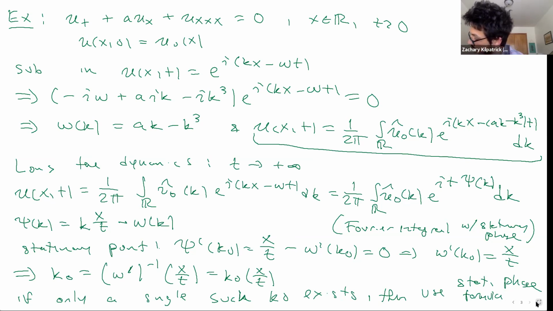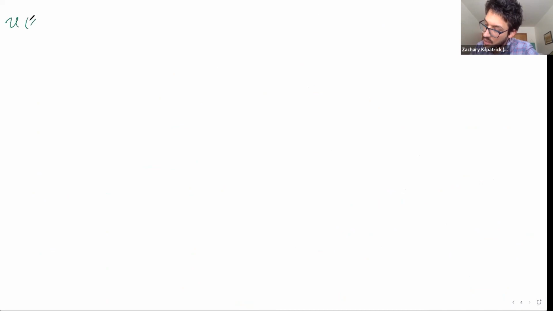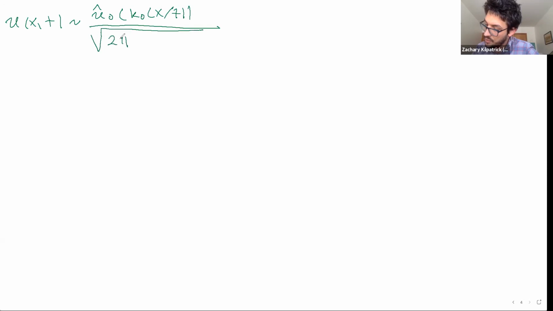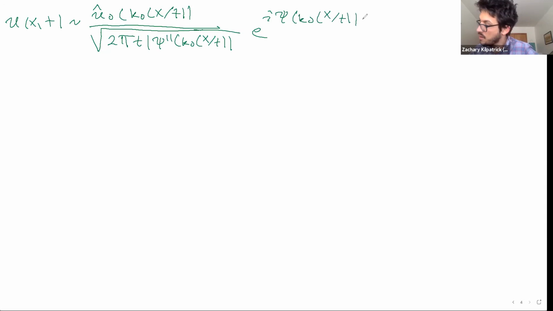And we're going to be left with our leading order approximation to this Fourier integral, which is u hat 0 evaluated at k0 of x over t, divided by the square root of 2 pi t psi prime prime of k0 of x over t, times e to the i psi of k0 of x over t plus i mu pi over 4.